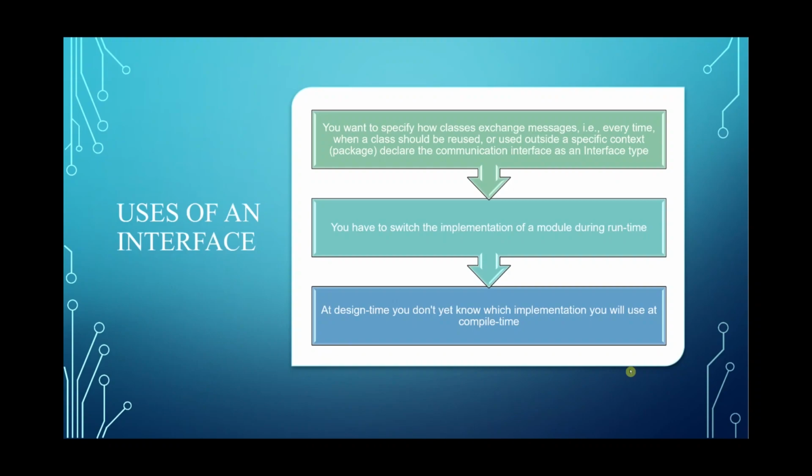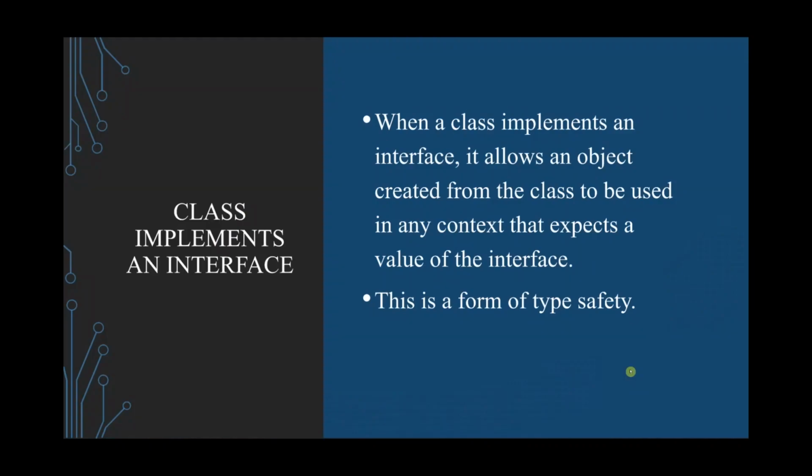Or you have to switch the implementation of a module during runtime, or at design time you don't know which implementation you will use at compile time. Here are the three usages of the interface.